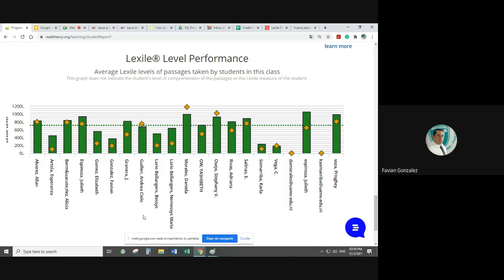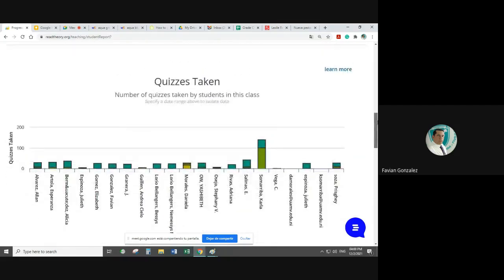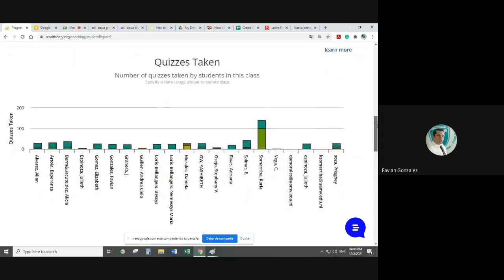The second chart that we need to know very well, and possibly the most important, is the quizzes taken. In this case, I'm going to use another student's name just to exemplify the meaning of the numbers. I'm going to use the last name Salinas.